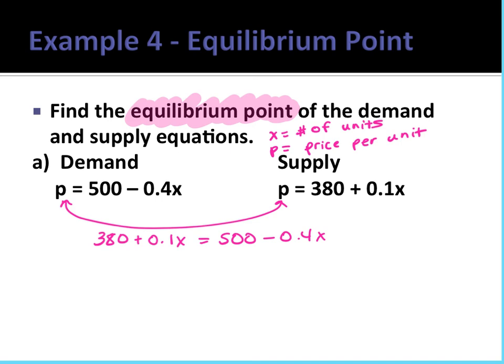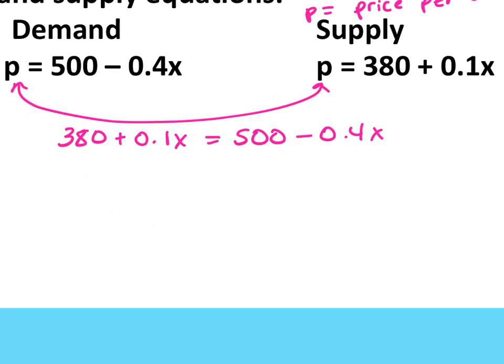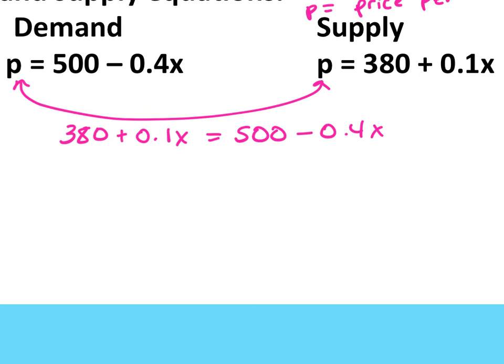Now how do I solve for x? I can add the 0.4. So 380 plus 0.5x equals 500. Then what?